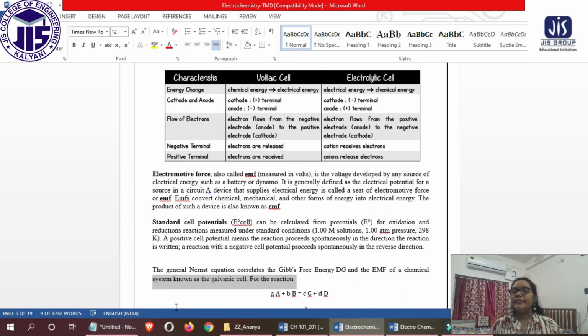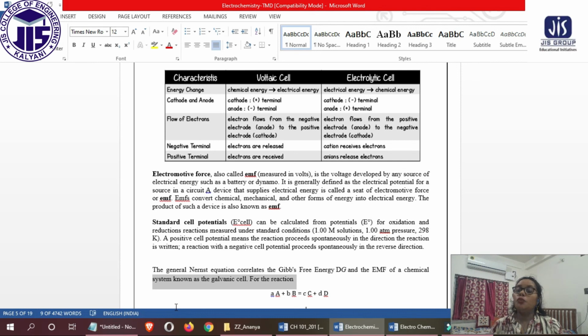These are some of the differences between the voltaic cell and the electrolytic cell. From this portion you can have questions like distinguish between voltaic cell and electrolytic cell, or what are the differences between the voltaic cell and electrolytic cell.